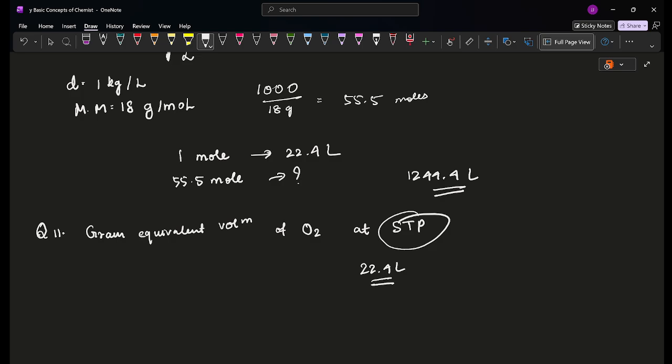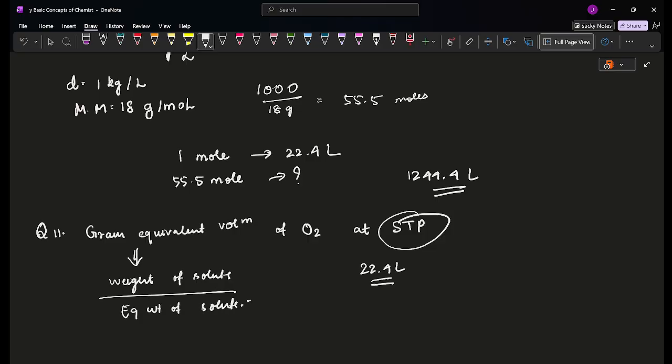Usually what we take it as is 2, but in this case it is not that. Alright, so the formula for gram equivalent itself is weight of solute by equivalent weight of solute.